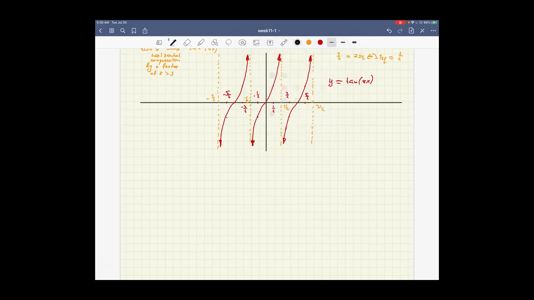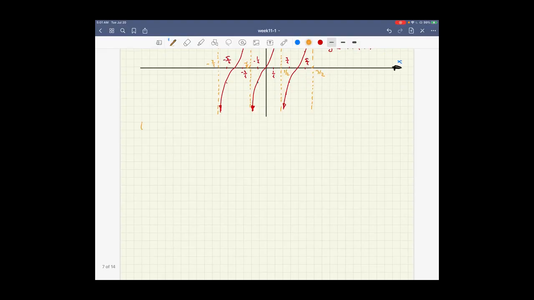Now we need to perform a vertical stretch by a factor of 2. From tangent of pi x, we get 2 tangent of pi x. Of course, this simply is a vertical stretch by a factor of 2.